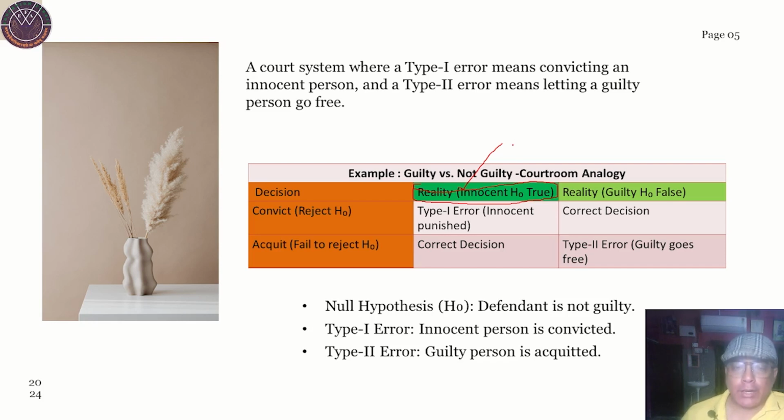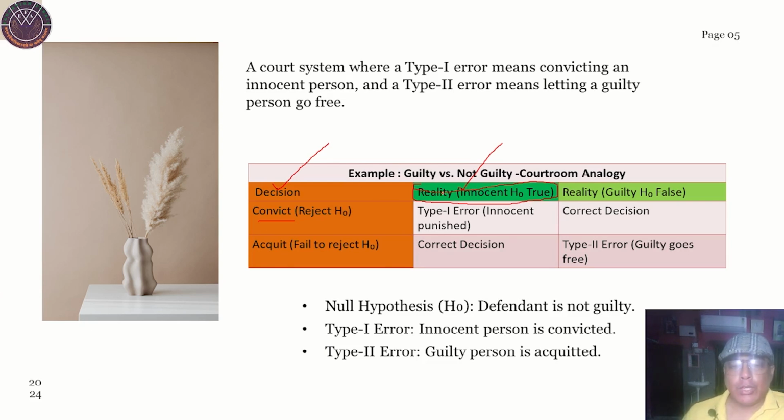Now what happens is that the court takes a decision that he is a convict. It may be happening because the advocate or that person is not able to produce evidences to prove himself innocent, and then the court takes a decision that he is convicted, but in reality he was innocent.